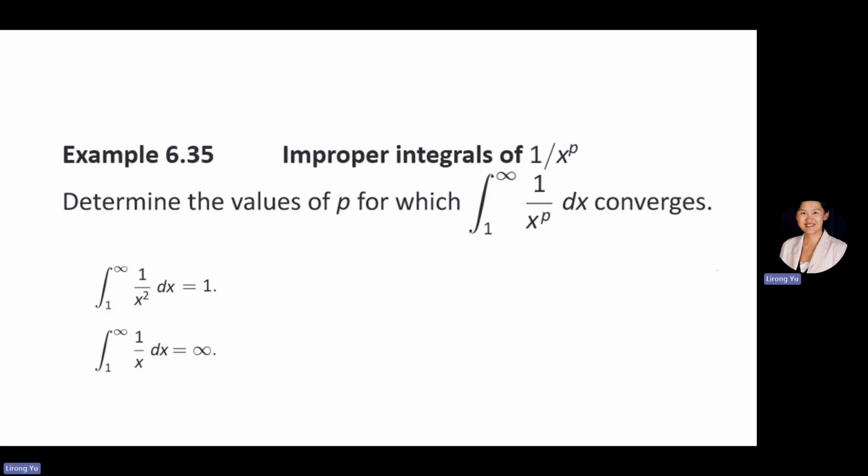If p equals 2, the integral converges. So we kind of have the idea. Maybe a bigger number will cause it to decrease faster, so it converges, so the area of the lower part will be finite. So maybe for smaller power, like p equals 0.5, going to the lower side of the p value, they'll diverge.